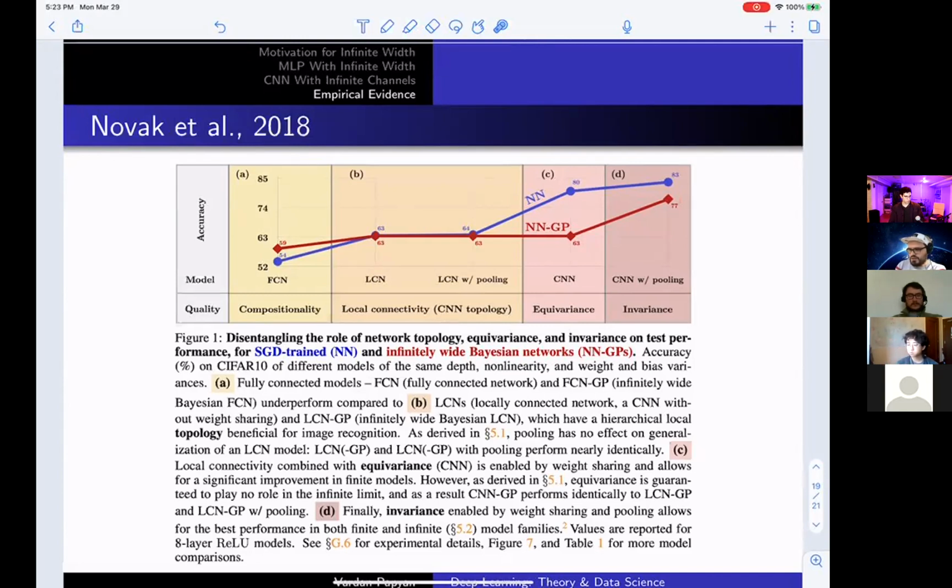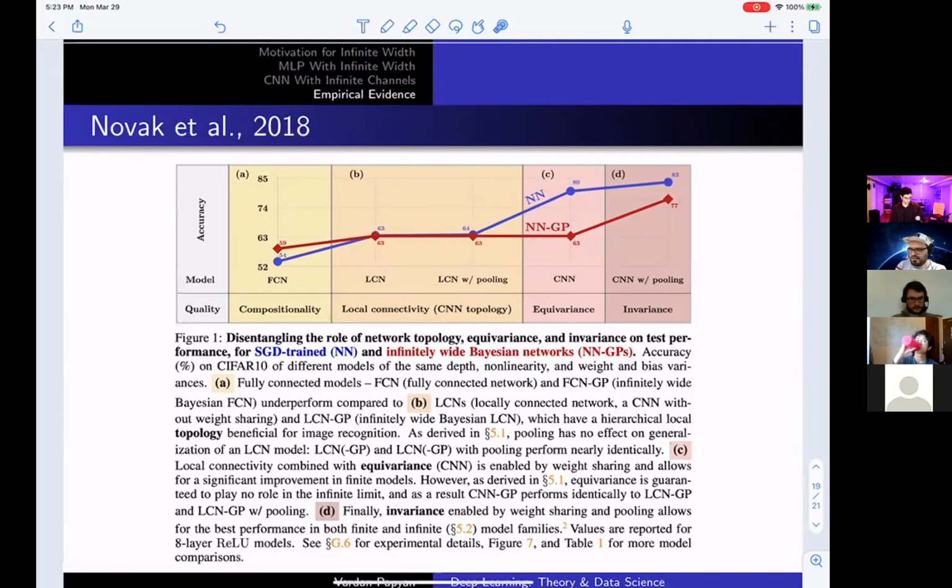And what you can see here is that they're comparing the networks. In blue is the regular training networks, and in red, it's their infinite width networks. And you can see they perform basically the same.